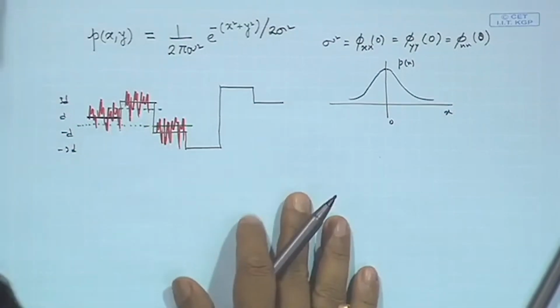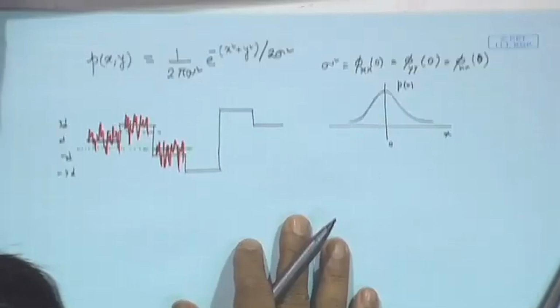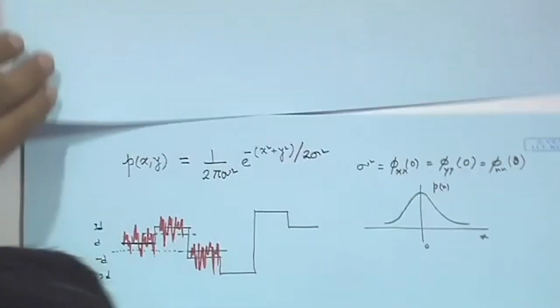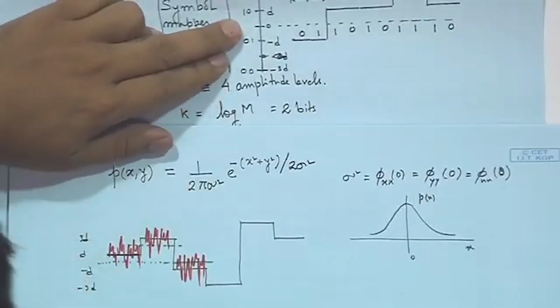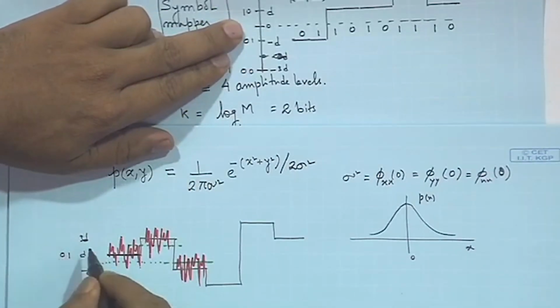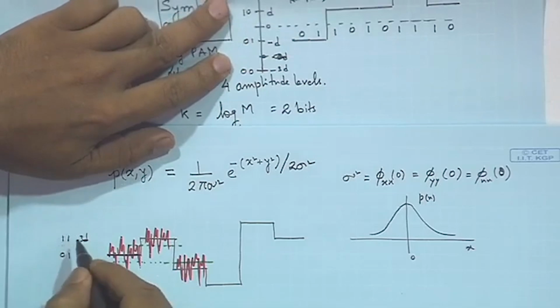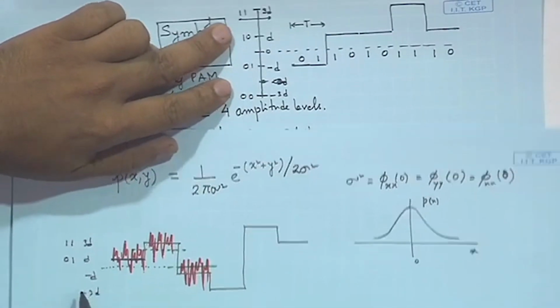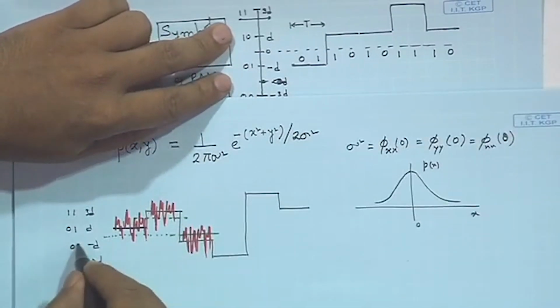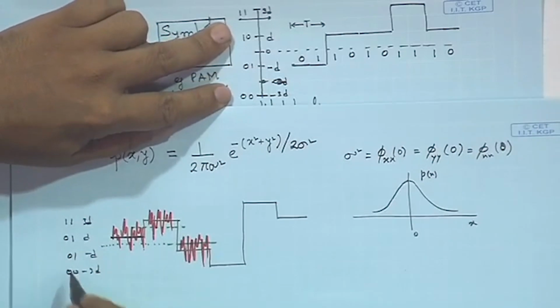If we go by one of the mappings we have used here, D had mapped to 1 0, 3D had mapped to 1 1, minus D had mapped to 0 1, and minus 3D had mapped to 0 0.